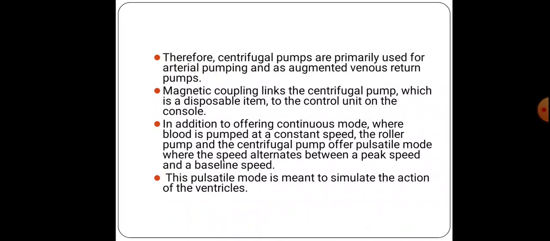Again there will be a relaxation of the atrium, so the contraction and relaxation parts are also in the pulsatile mode. So the heart lung machine pump also always operates in the pulsatile mode to stimulate the action of the ventricles.